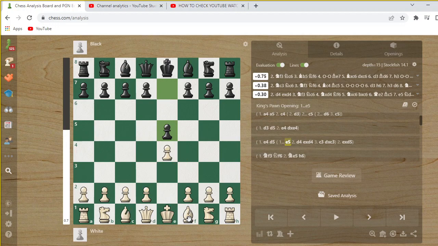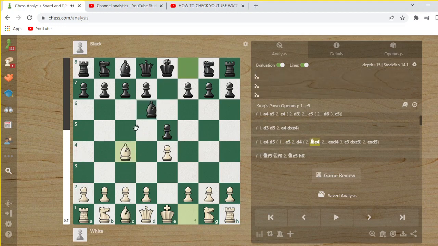Say I wanted to develop my bishop to c4, then black would do the same mirror image to bishop c5. The bishop moves diagonally, and it also takes diagonally.